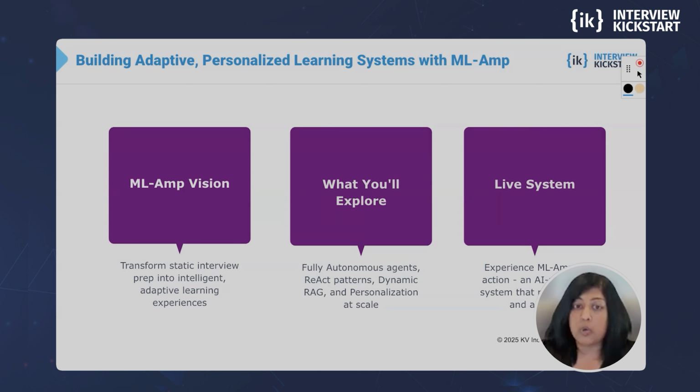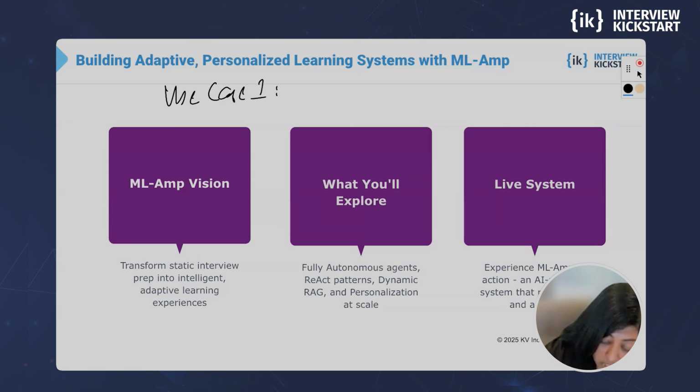ChatGPT is talking to its models, GPT-4 or GPT-3.5, whatever model version it's running with, and it responds to you. So that is your use case one, which is focused on direct interaction with chatbots.